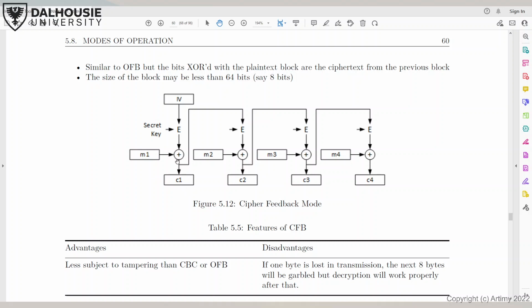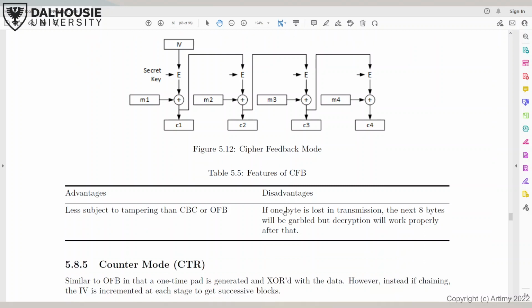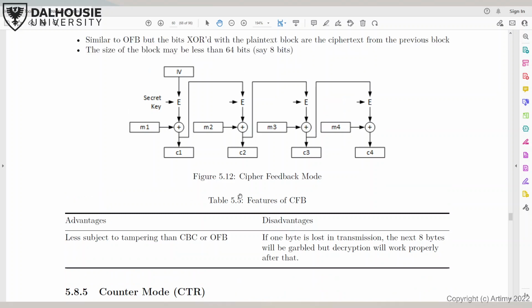If I lose 1 byte, I may get some of the messages lost. Not all of them, like the first, the CBC, but if 1 byte is lost in transmission, the next 8 bytes will be garbled, right? But decryption will work properly after that. So we have some limitations.